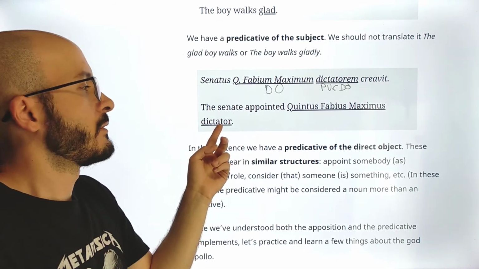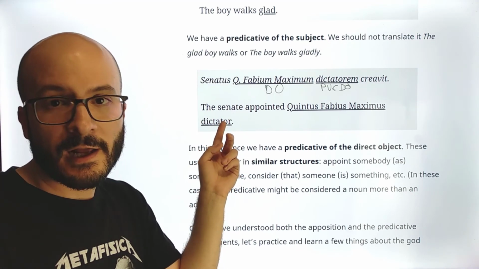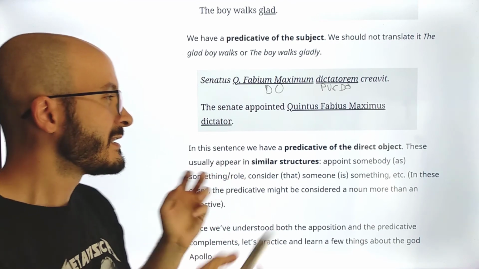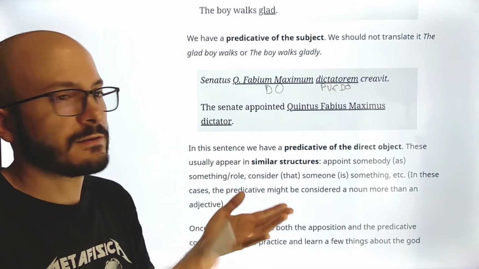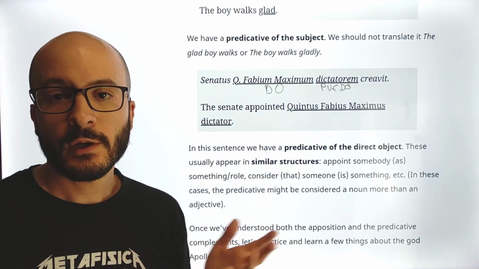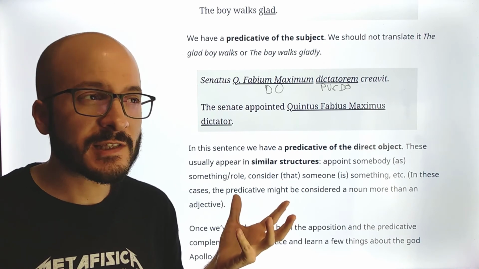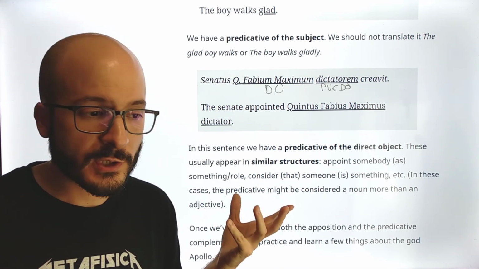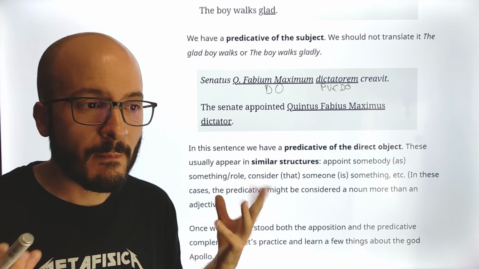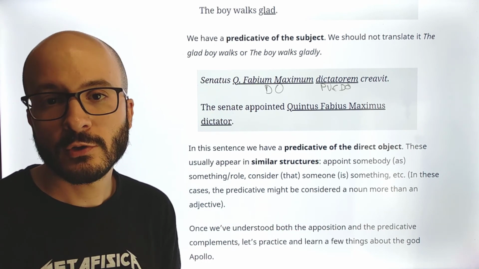For example, appoint someone dictator, appoint someone general, whatever. Usually it is roles, like dictator, emperor, general, whatever. Okay, so that's it. That's the predicative complement. Again, I know that this is kind of abstract, but of course, how do we master things? By practicing. So now we go to the main page of the module and practice.